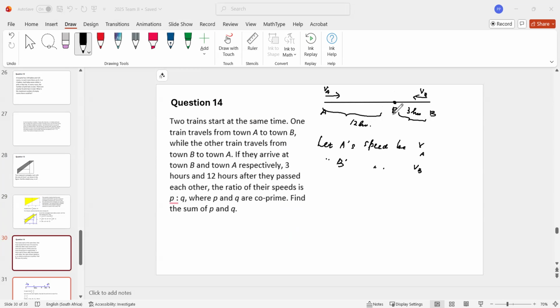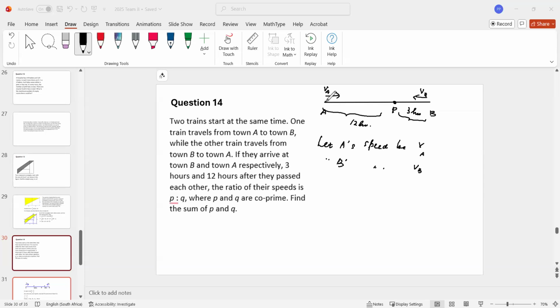Okay. So it seems to me that A's speed is 4 times B's speed. Okay. Let's just see whether that is true, because after they met, it takes 3 hours, but this is a shorter distance. Anyway, let's just see what we can do with this problem.